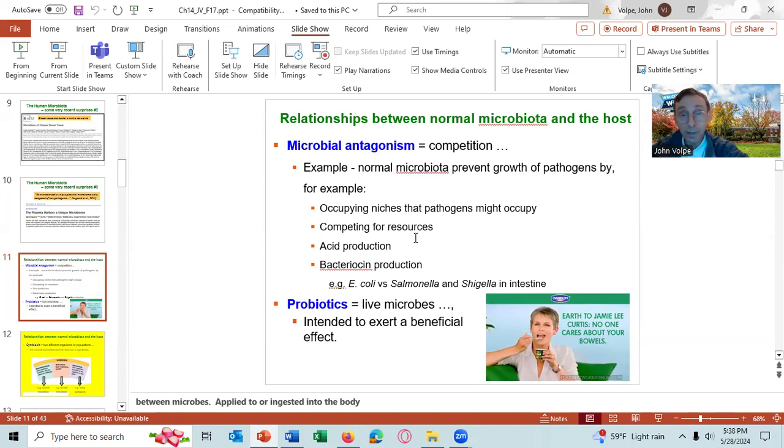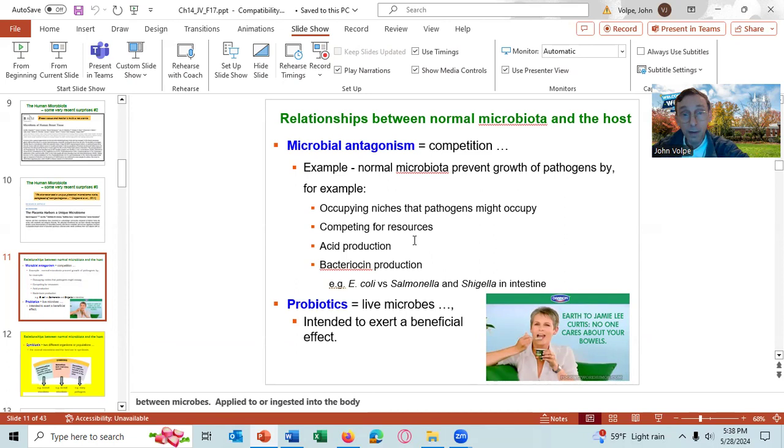It can also compete for resources. Staphylococcus epidermidis can use up all the resources around the area where Staphylococcus aureus falls. Staphylococcus aureus now has no resources, and so it will not grow and get established on the skin.